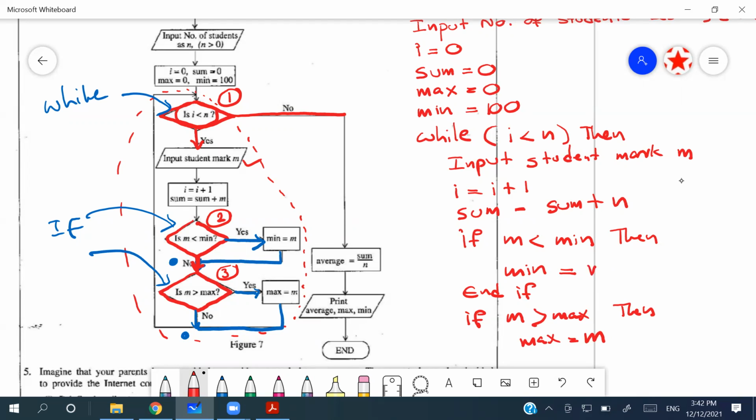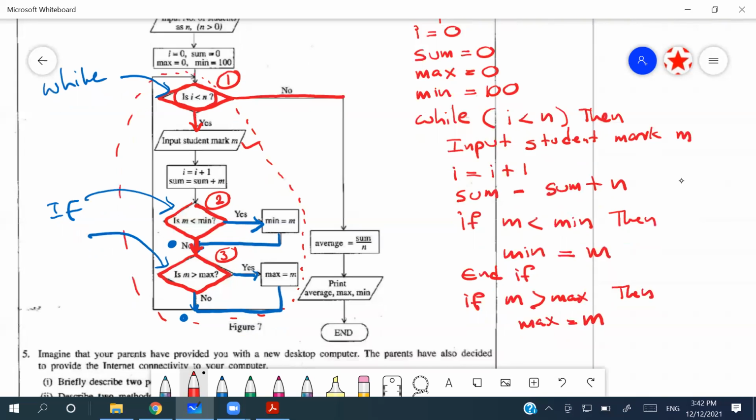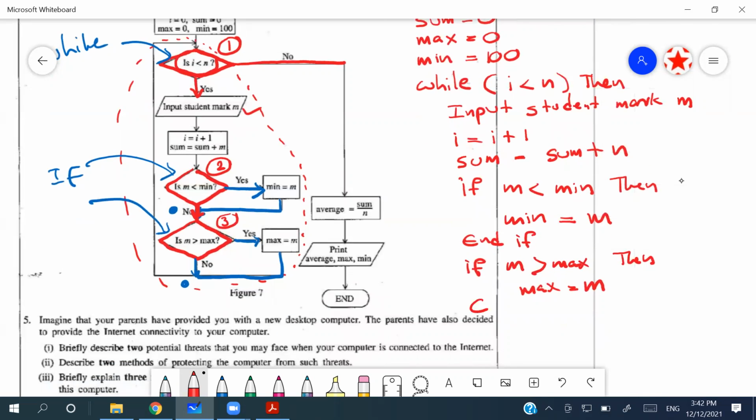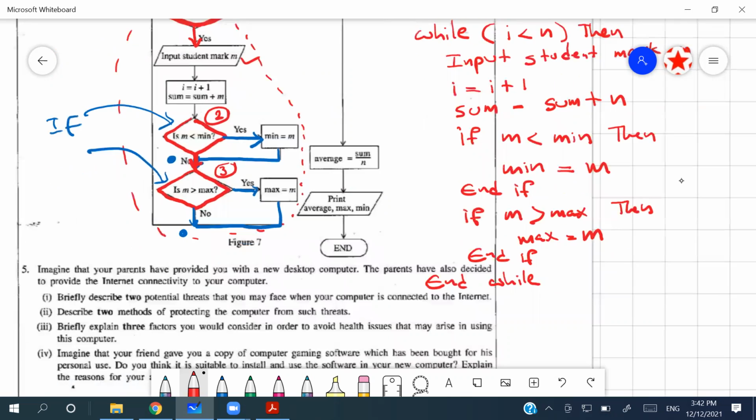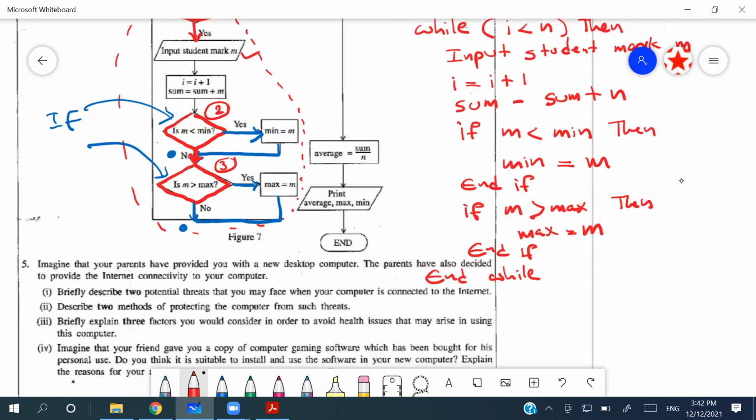Here I have made a mistake, this should be m. Again, it doesn't have anything in the no path, so end if happens from here. Then the iteration continues, so then it's going to be the end while part. After the end while, there are some things to be written. You have to say average, this one.